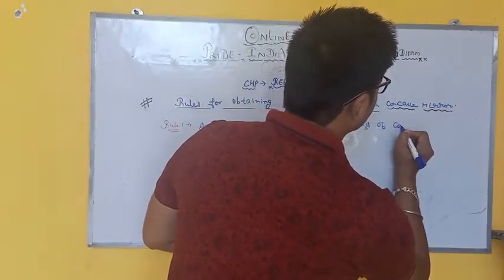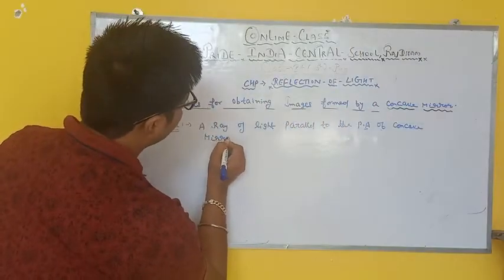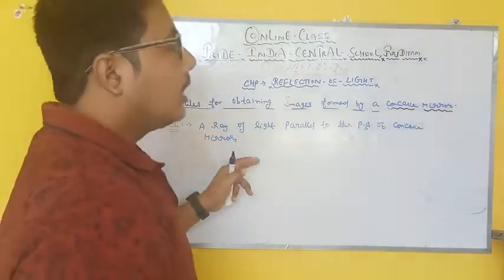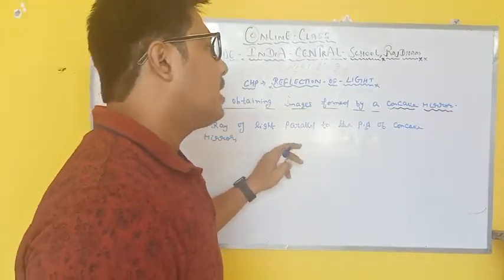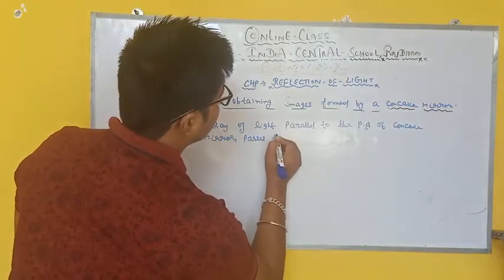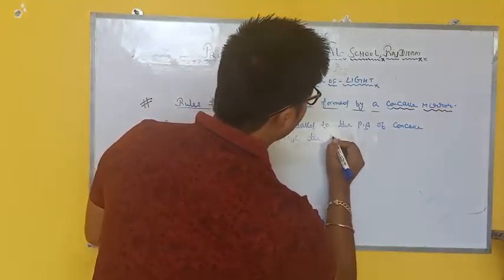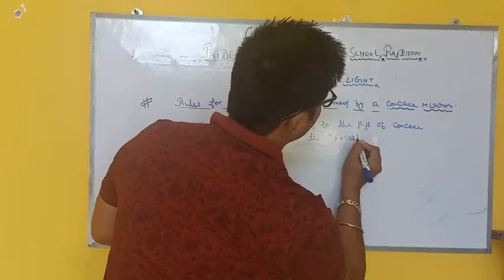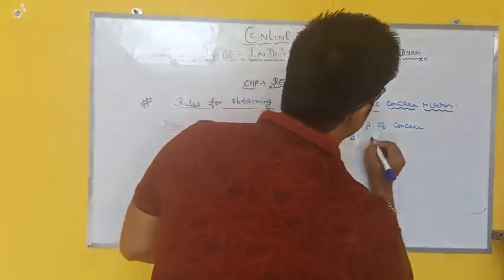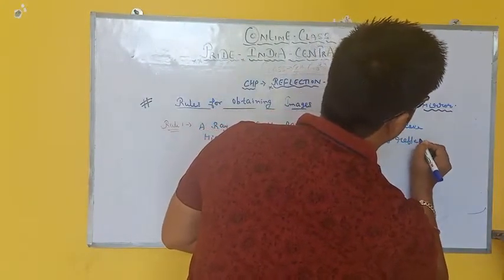A ray of light parallel to the principal axis of the concave mirror passes through the focus after reflection.